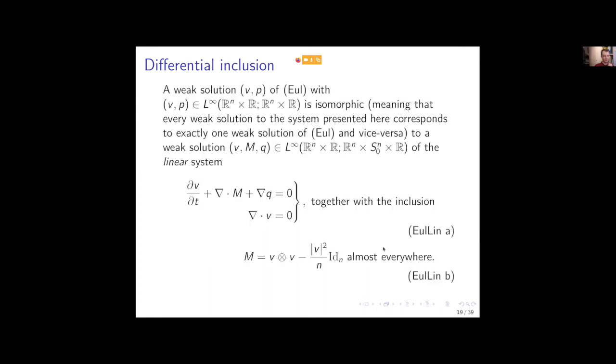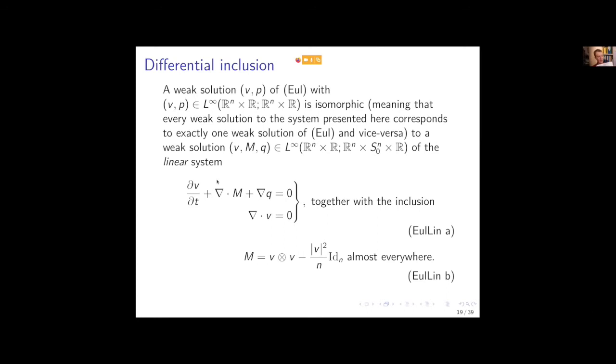For the Euler equations, if you have a weak solution of the original system, it can be reformulated like this. These are the original Euler equations. You can see that this term in the middle, the divergence of m, was previously v times nabla v.